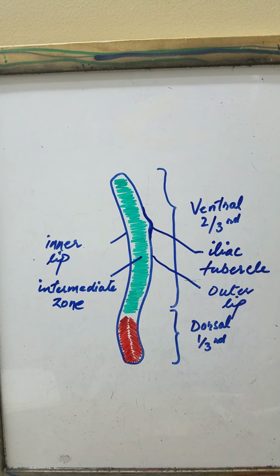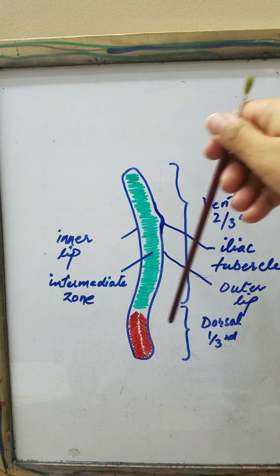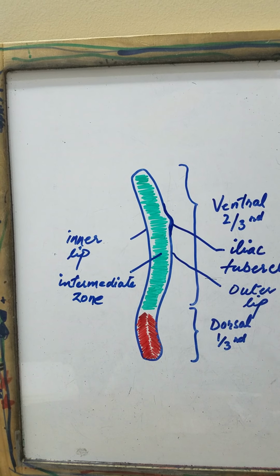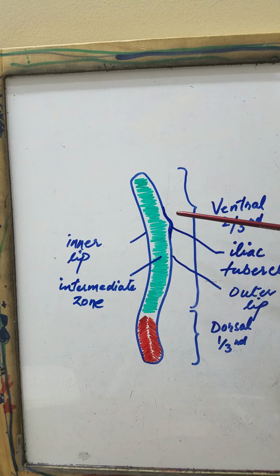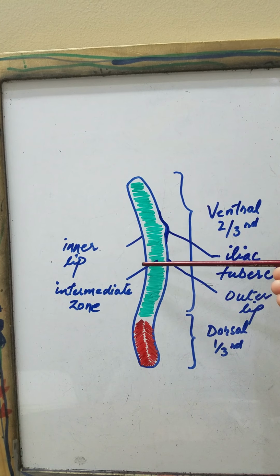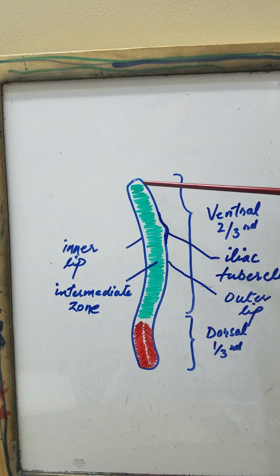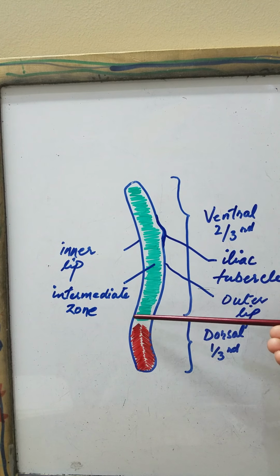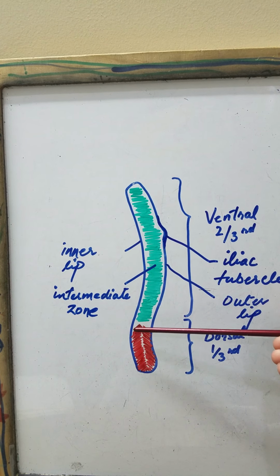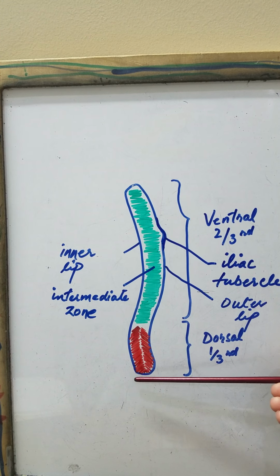So this is a view of the iliac crest from the top, right? This would be the outer side, and this would be the inner surface of the hip bone. This is the anterior end. This would be the posterior end. So this anterior 2/3 is the ventral part, and this posterior 1/3 is the dorsal part of the iliac crest.